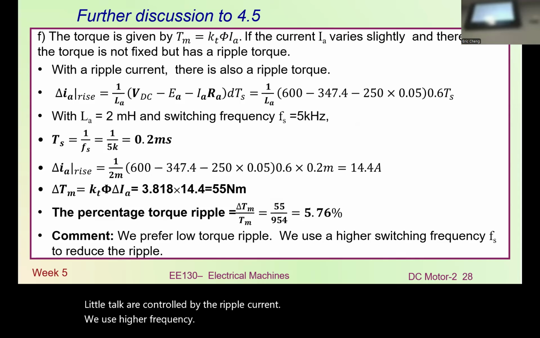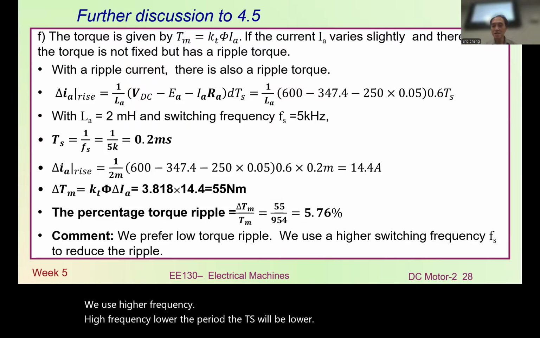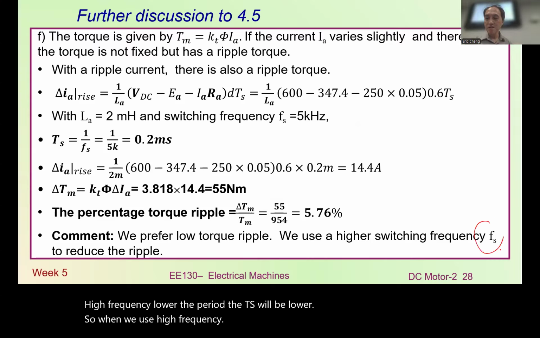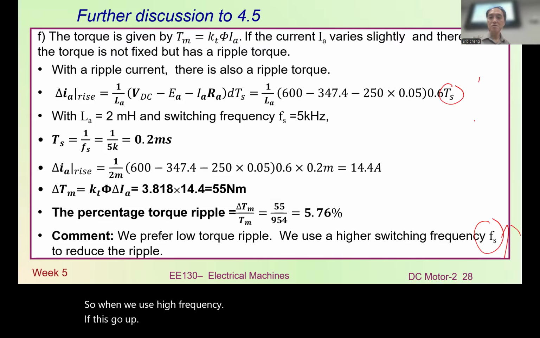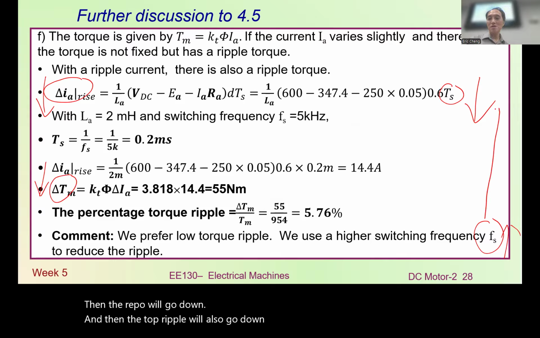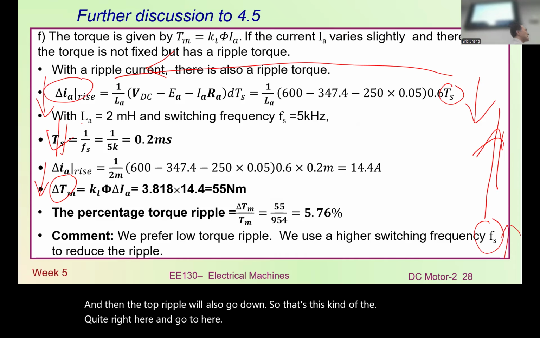With high frequency, the period is lower, so TS will be lower. So when we use higher frequency, if this goes up, this will go down, then the ripple current will go down, and then the torque ripple will also go down. So that's this kind of sequence, right? Go to here and go to here. That's how we are able to reduce the motor torque ripple.